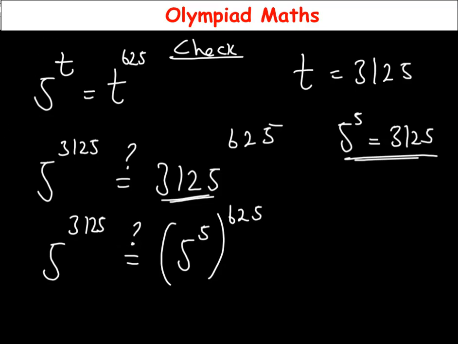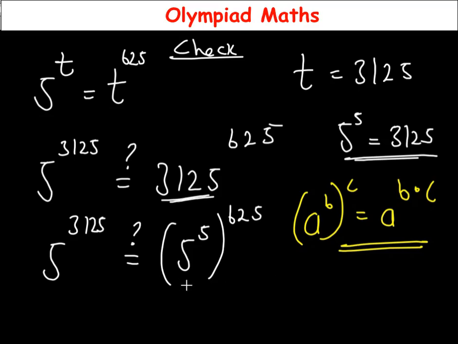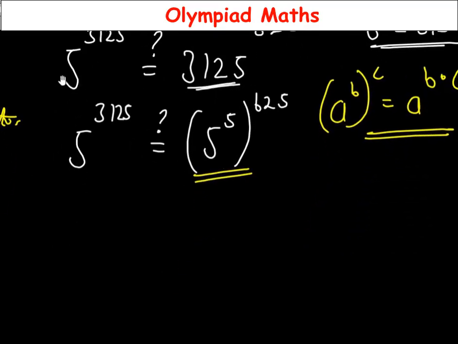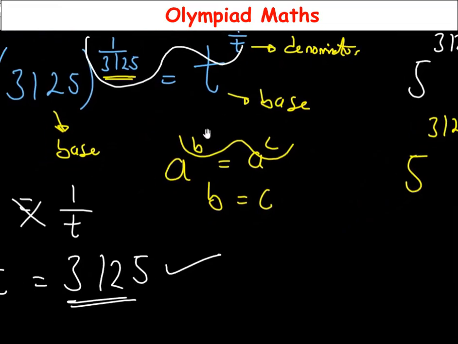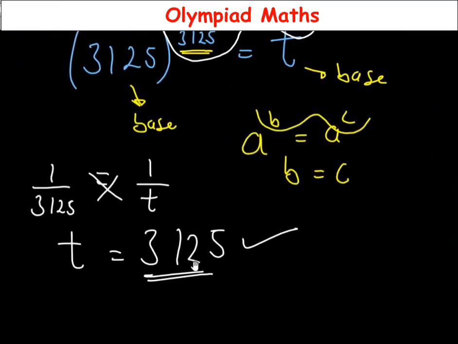Applying the rule that if you have a raised to power b, then power of c, this equals a raised to power b times c, what we then have is that 5 raised to power 3125 is equal to 5 raised to power 5 times 625, which is 3125. So as you can see, 5 power of 3125 is equal to 5 power of 3125, which is correct. So that means the value of t that we got, 3125, is the correct solution.